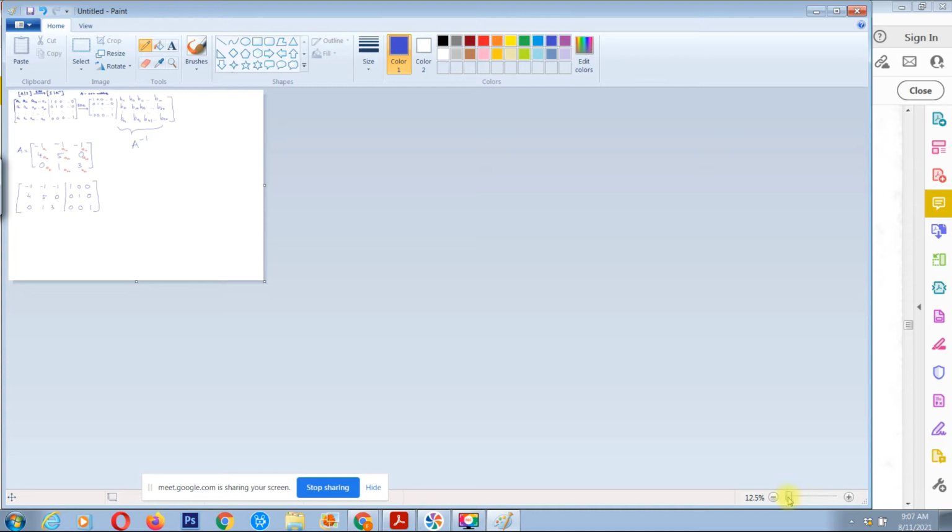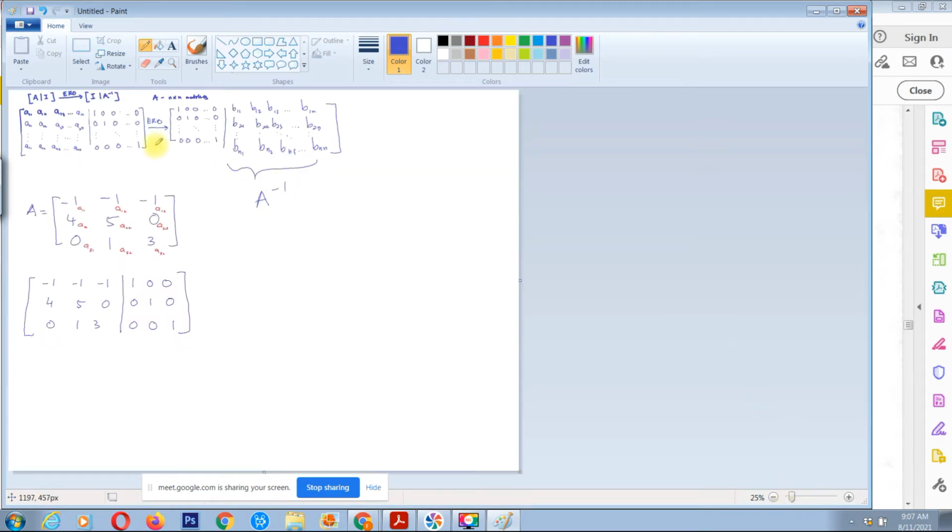Okay, the idea here, we want to change this form into this form, meaning the identity should be here. So what should we do first? First step is A11 should be 1. So how to make A11 1? We need to multiply row 1 by -1.